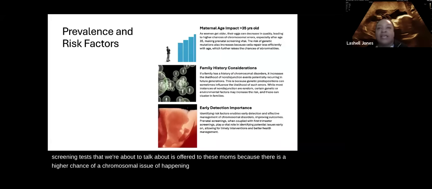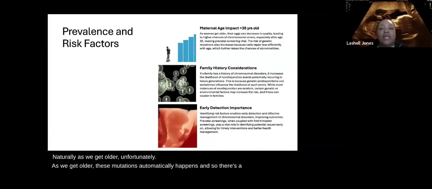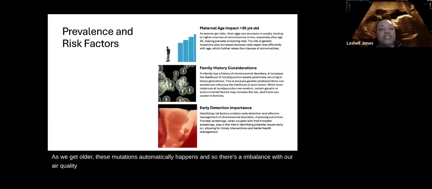And why is that? Naturally, as we get older, unfortunately, these mutations automatically happen. And so there's an imbalance with our egg quality, and it can increase the chance of having a chromosomal disorder.